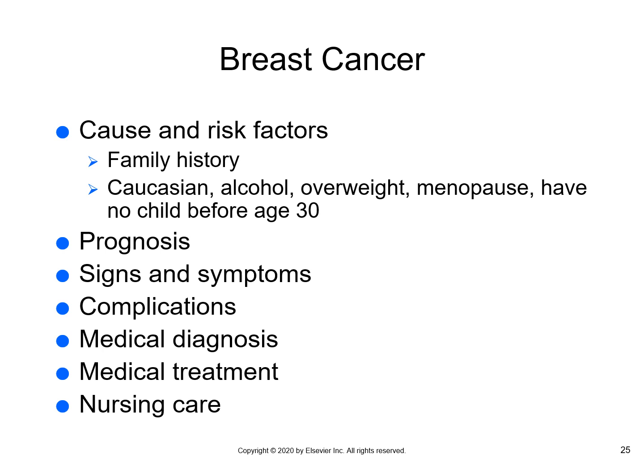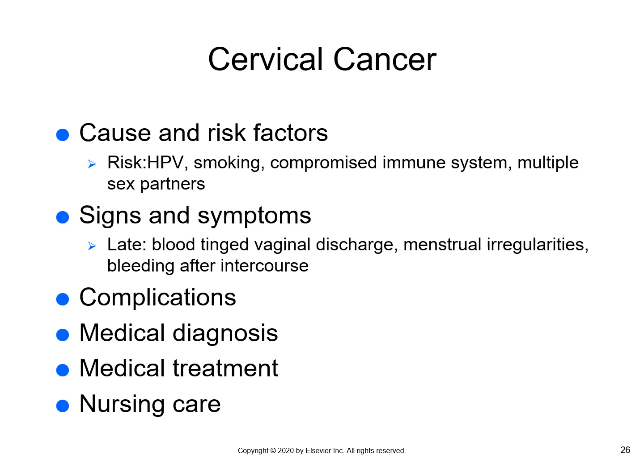And then medical treatment depends on how advanced the breast cancer already is. Get cut off again, I'm so sorry about that. So medical treatment for breast cancer is chemotherapy, hormone therapy, radiation therapy, biologic therapy, or a combination of these.